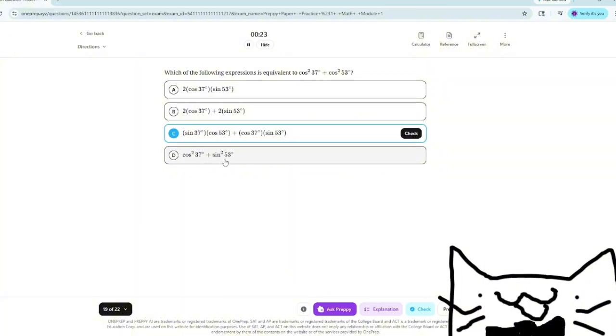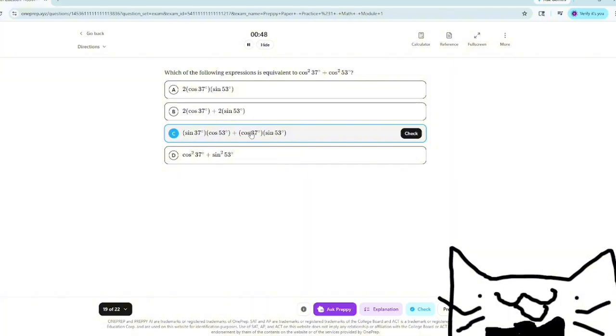Because this is sine, it's not cosine, so it can't be that. This 2 times that would be just 2 cos 37. Wait, no, and then this is sine, and then boom, this one is definitely wrong. So whatever looks right to you should also be the answer.